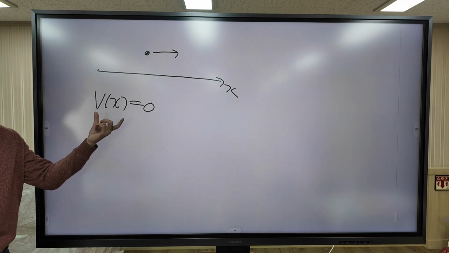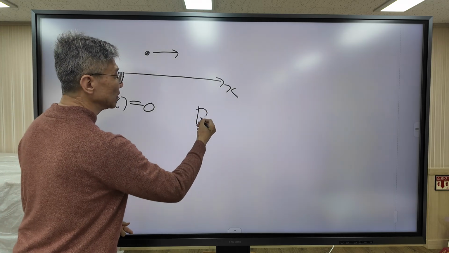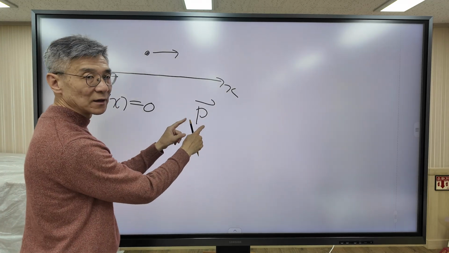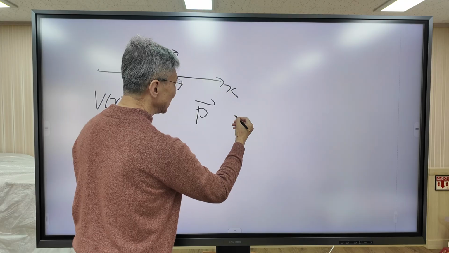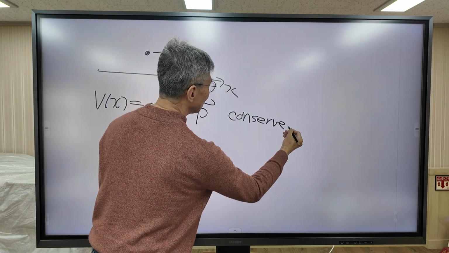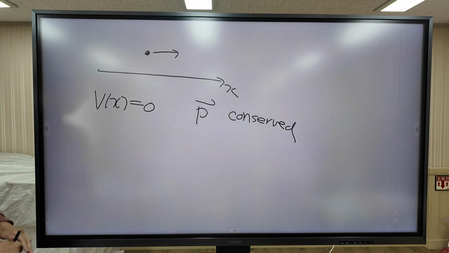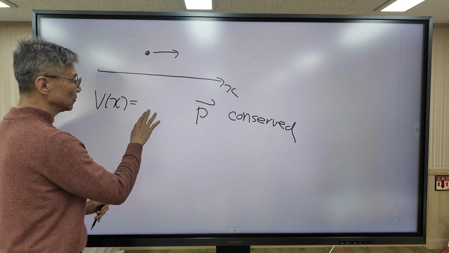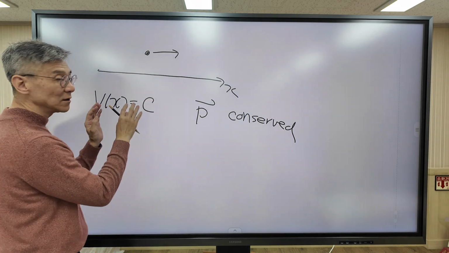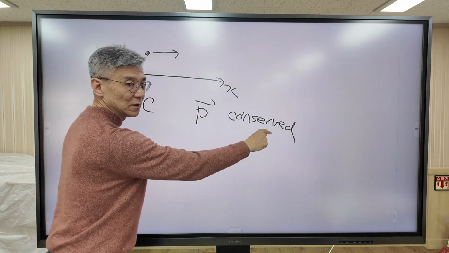When there is no potential and the velocity does not change, momentum is constant. It is another way of saying that momentum is conserved when potential is zero. But it remains true when the potential is constant. We also say that momentum is conserved.